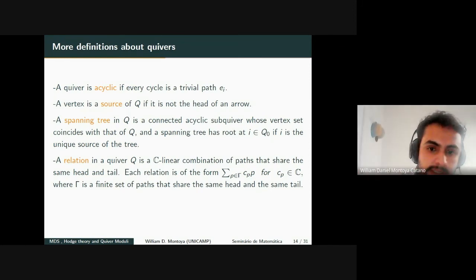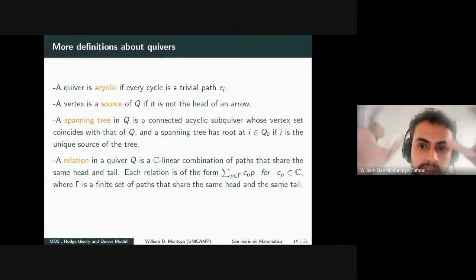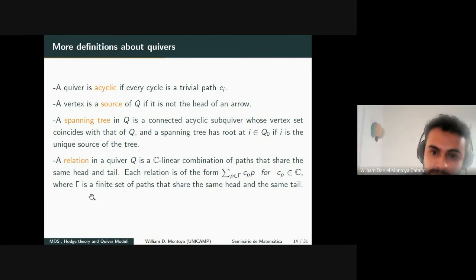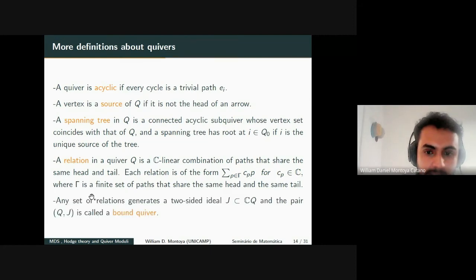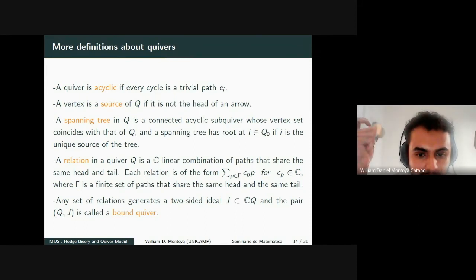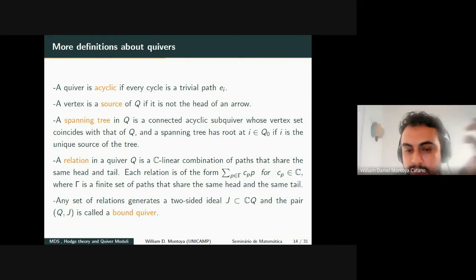Our relations are: you consider paths that share the same head and the same tail, and you consider combinations in the complex numbers of all these, of course, everything finite. Okay, this is a relation, and if you consider a quiver, the set of relations is going to produce an ideal in the path algebra. And these two together form what is known as a bound quiver.